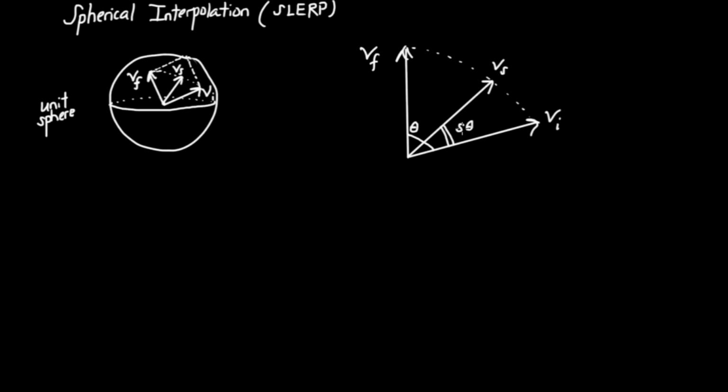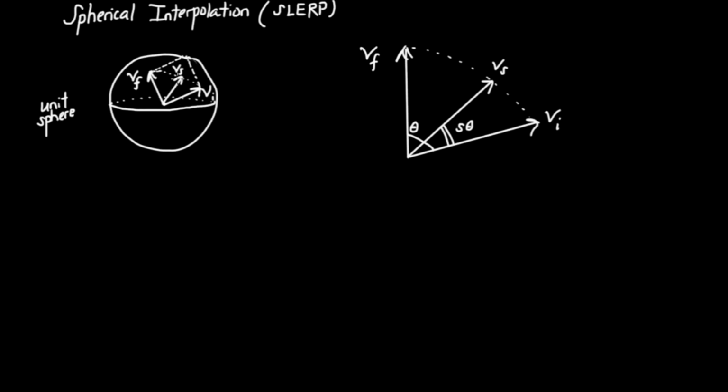So again, if s were to take on the value of 0, V_s would be the same thing as V_i. If s were to take on the value of 1, V_s would be the same thing as V_f. So this is just a picture corresponding to the particular 2D subspace that we're interested in.